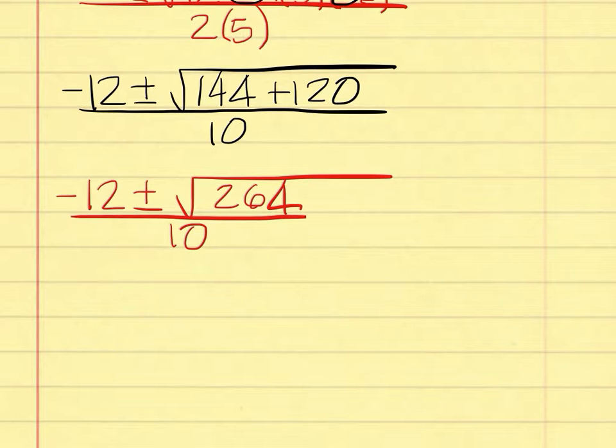Okay, is 264 a perfect square, yes or no, Malone? No, it is not a perfect square. How can I figure out if something is a perfect square or not, Anderson? How do I figure out if something is a perfect square, Johnson? Owens?